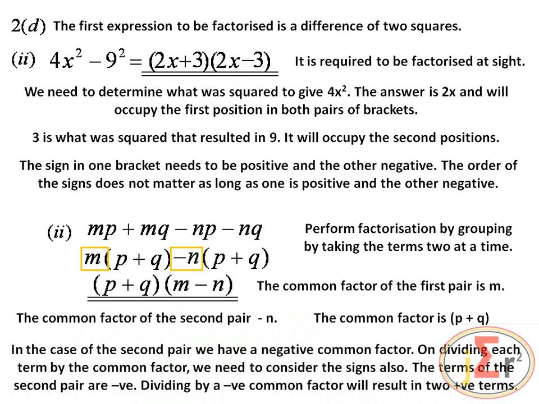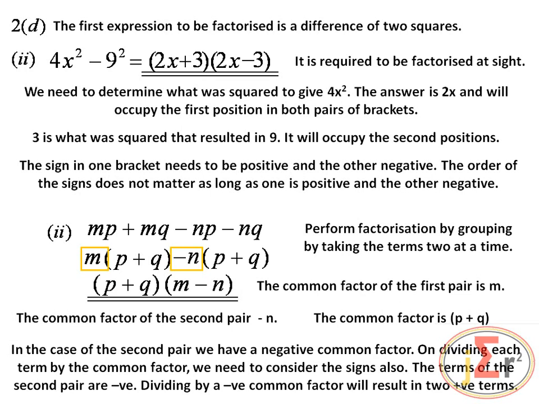In the case of the second pair, we have a negative common factor. On dividing each term by the common factor, we need to consider the signs also. So what do we say?